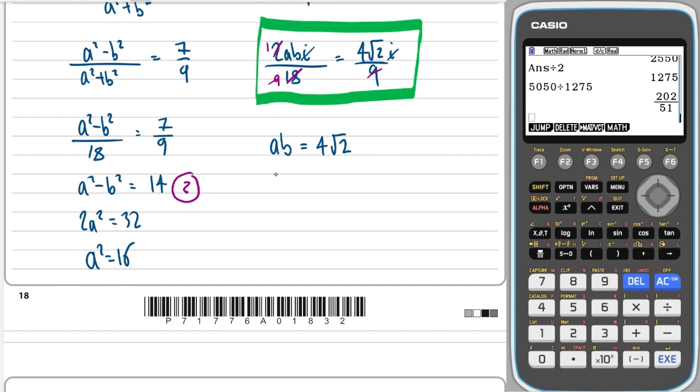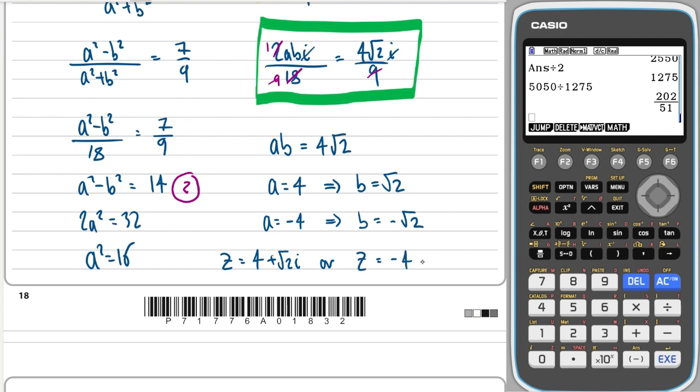That means that if a is positive 4, then b needs to also be positive. Or if a was negative, then b would be negative. So those are the only two solutions. So we have z is equal to 4 plus root 2i, or z is equal to minus 4 minus root 2i.